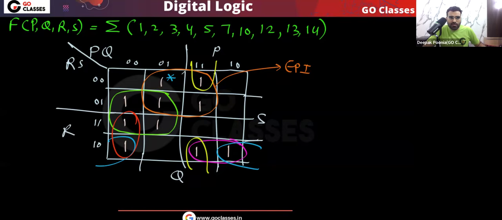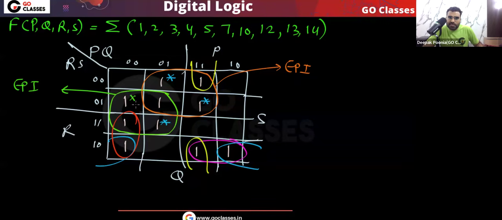Is there any other one cell which is covered uniquely by a PI? You can see this one is also covered uniquely by a PI, but that is the orange PI, which we have already considered. Look at this one cell. This is also covered uniquely by this green PI, so this green PI is also an EPI. Is there any other one cell covered uniquely by a PI?